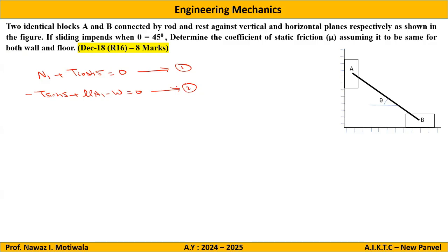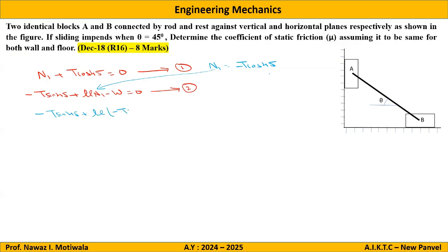Now, what we could do is find the value of N1 from this particular equation, as N1 is equal to T cos 45. So it will be minus T cos 45. Now, substituting this value of N1 in this particular equation, I will get one new equation as minus T sin 45 plus mu multiplied by N1.